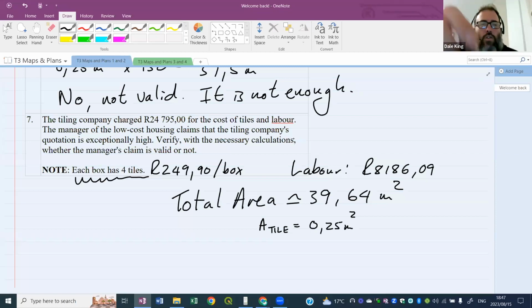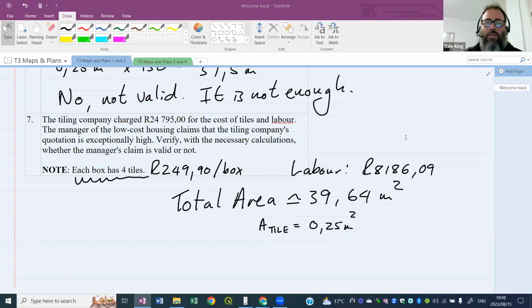It looks like you're trying to get a price per tile and work from there. So if it's 249.90 per box, and the box has 4 tiles, how much is it for 1 tile? So you try to multiply. You should be dividing to get a price.